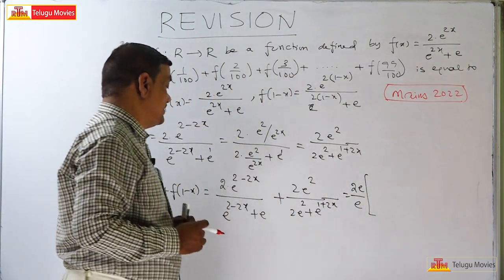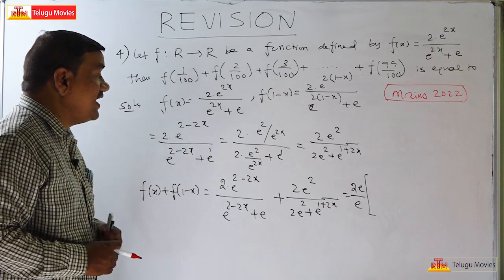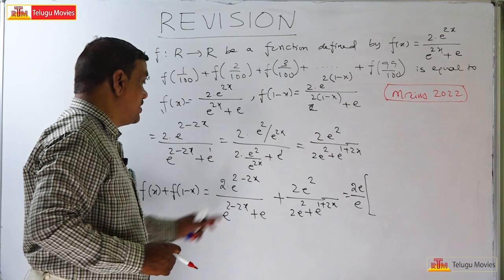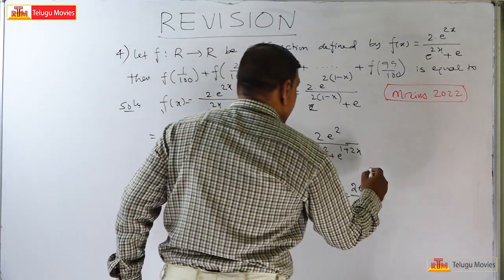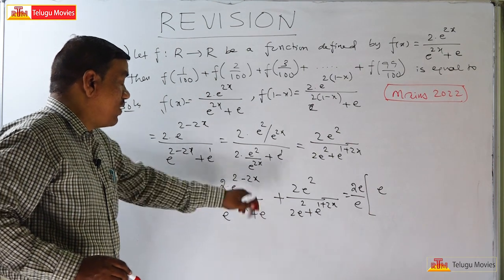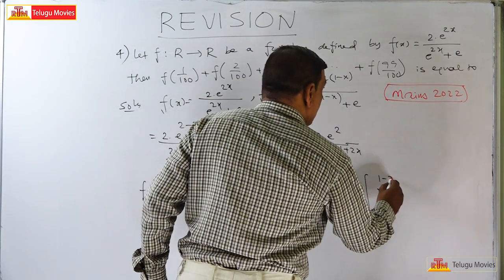Let us see what happens. If you take 2e common, already 2 came, and if you take e also common, this is equal to 2 to the power of 1 minus 2x.